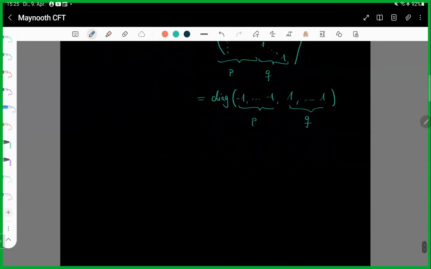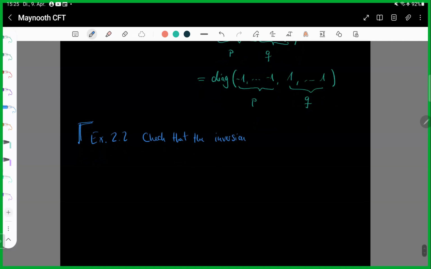So one example, and that's another exercise, exercise 2.2, is you should check that the inversion is conformal. The inversion is defined as follows.